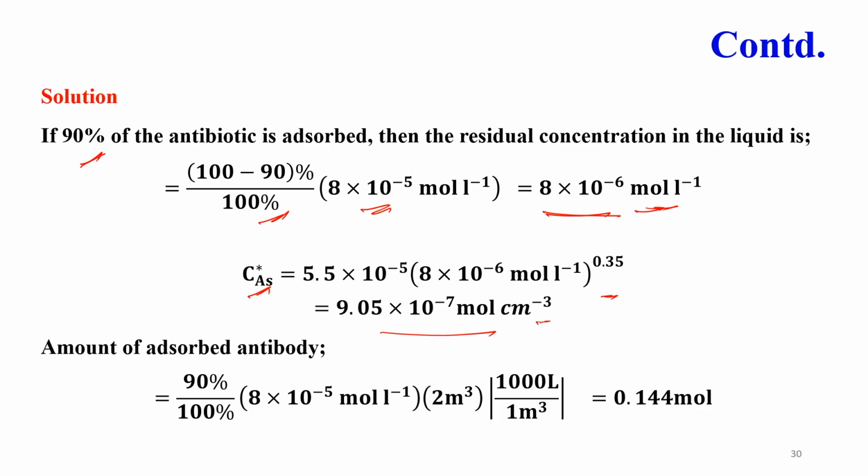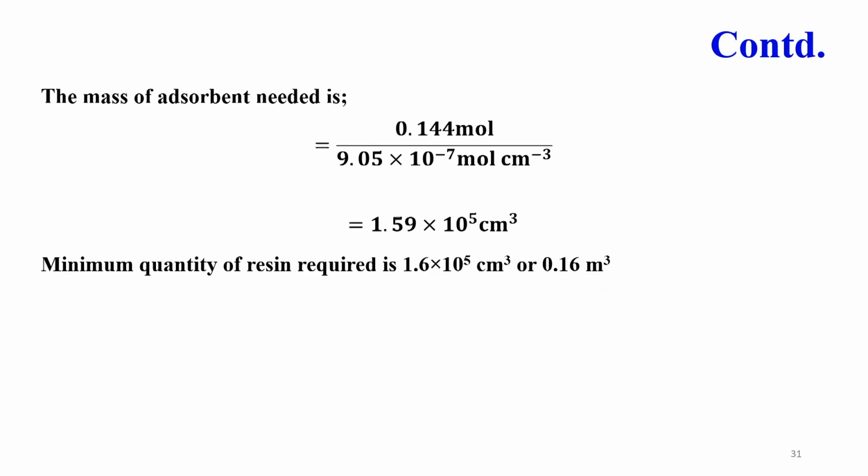Once you have this C_AS, you can calculate the amount of adsorbed antibody. So, C_A is 8 × 10^-5, multiplied by 90%, times the total volume, since adsorption is taking place from 2 cubic meters. So, you get 0.144 mole of antibody adsorbed.